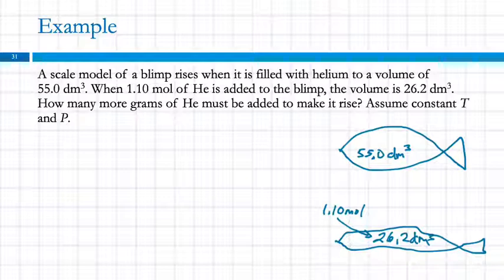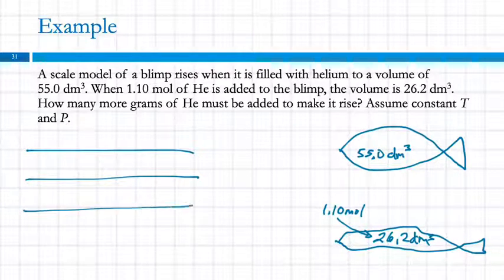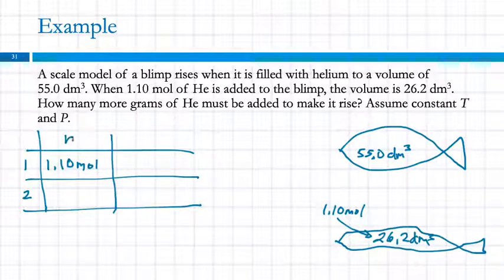So we could make a table with this. So here we have our sad half-filled blimp, and that has 1.10 moles in it. So that's N1. And the volume is 26.2 cubic decimeters.